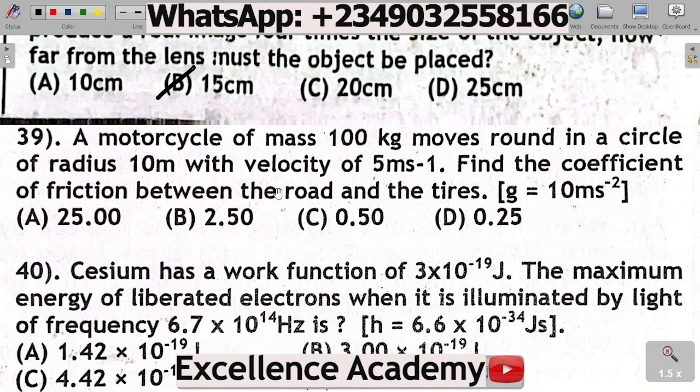Let's pick our parameters here. The first parameter is the mass as 100 kilogram. Then you're also given the radius as 10 meters, and you're given velocity as 5 meter per second.